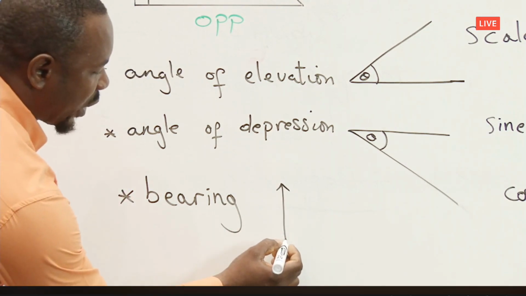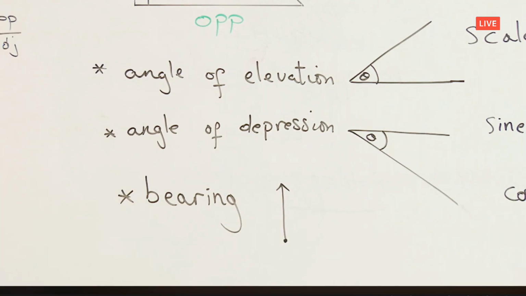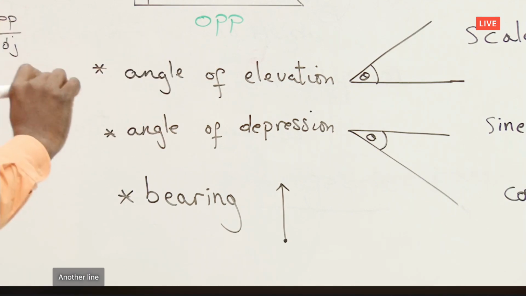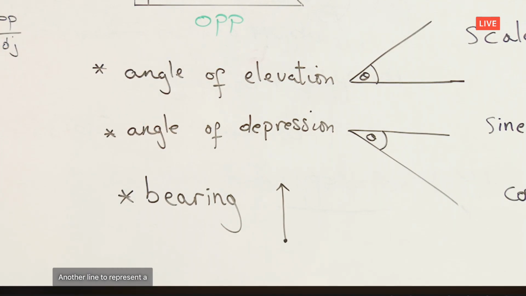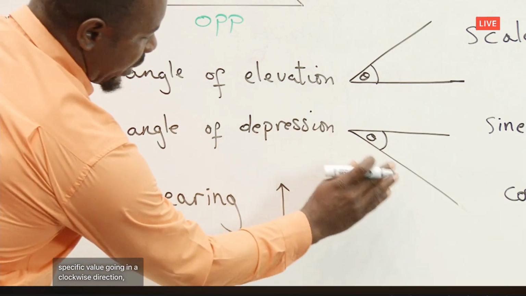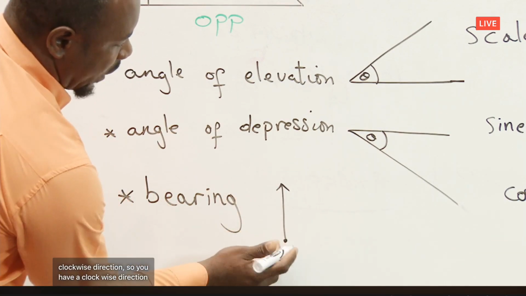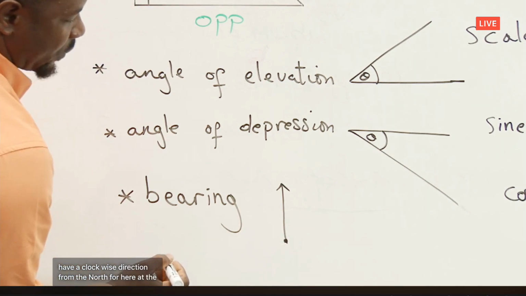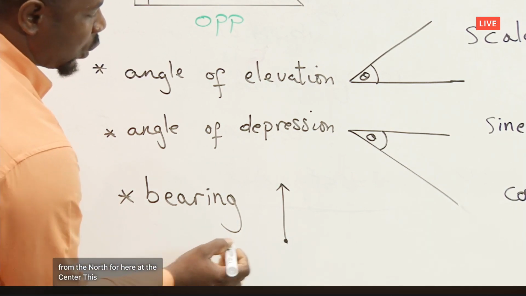And at this point, you only need now to draw another line to represent a specific angle value going in a clockwise direction.